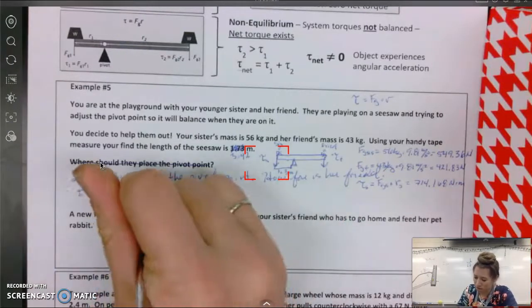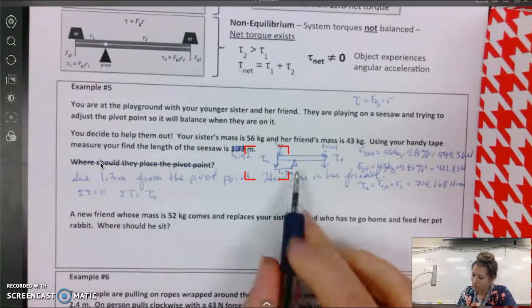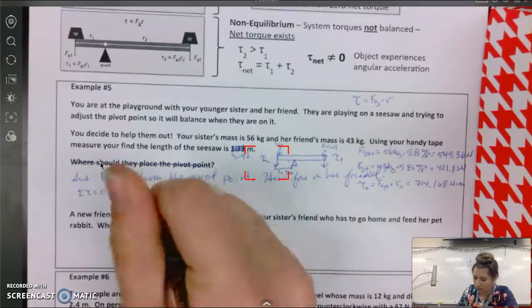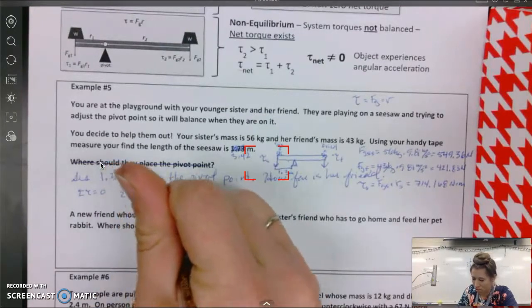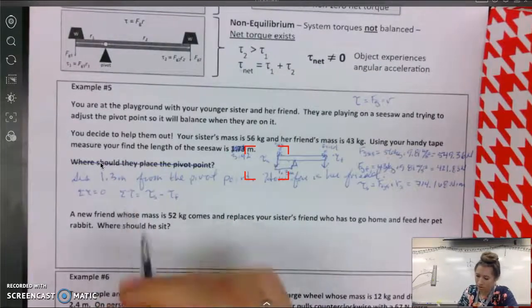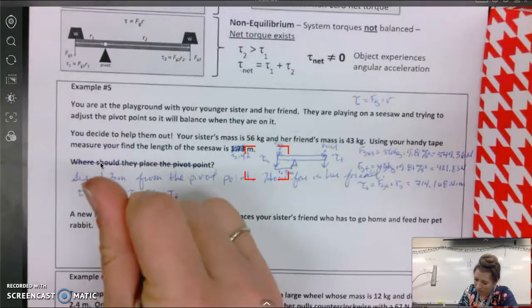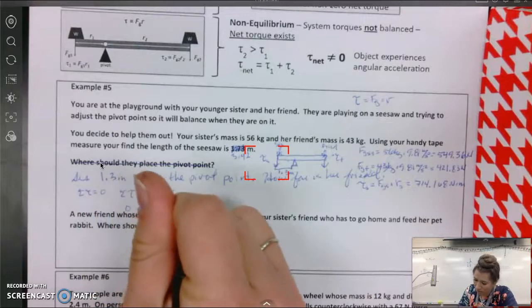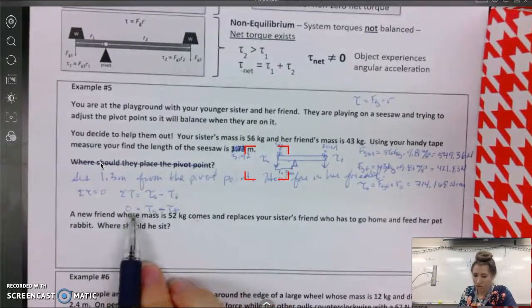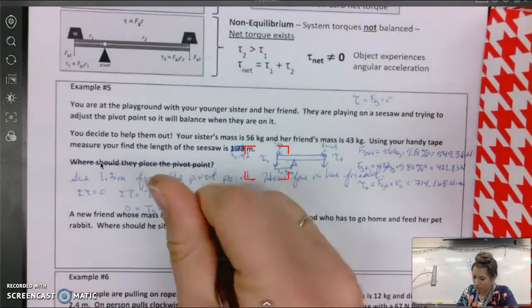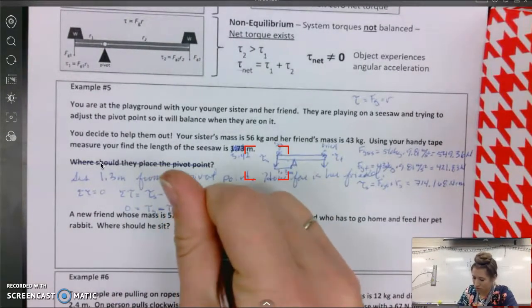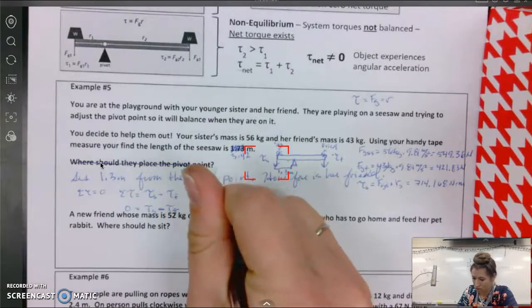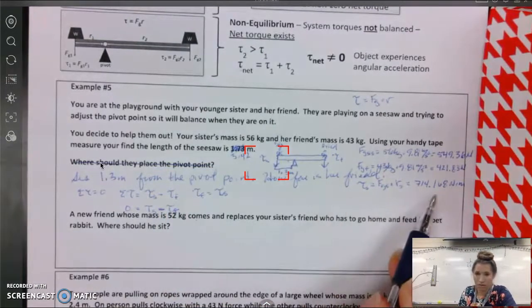So we'll have a positive torque of the sister minus the torque of the friend. And again, that was equal to 0. So then I will subtract that over. We know that the torque of the friend has to equal the torque of the sister. And we know what the torque of the sister is.